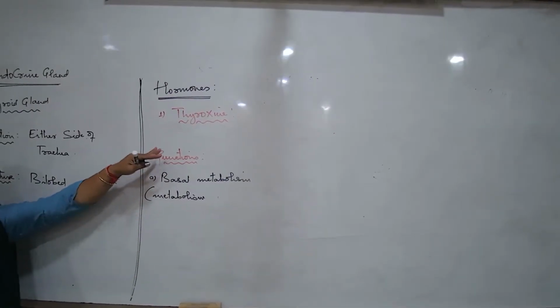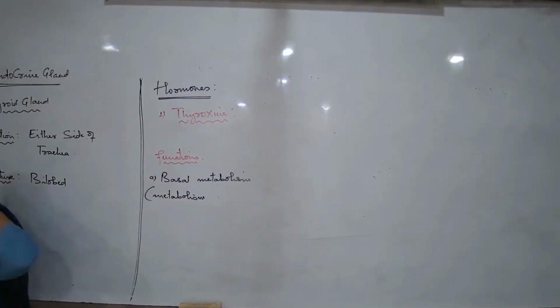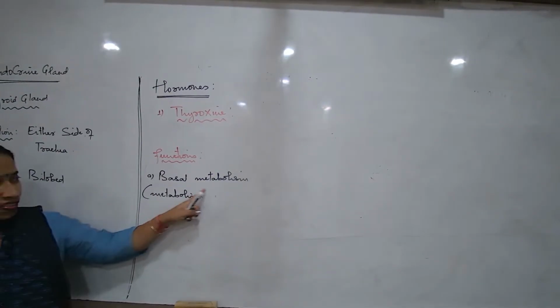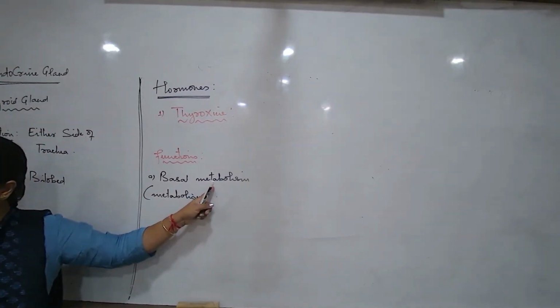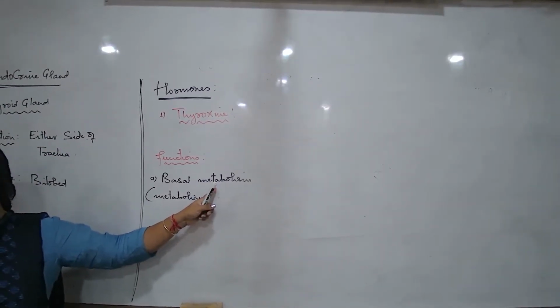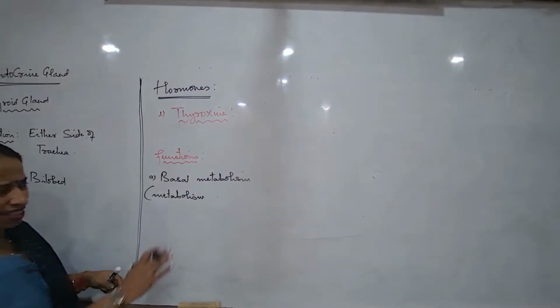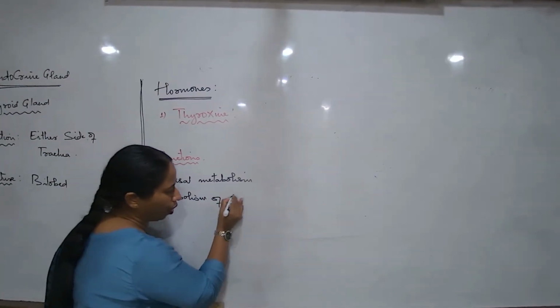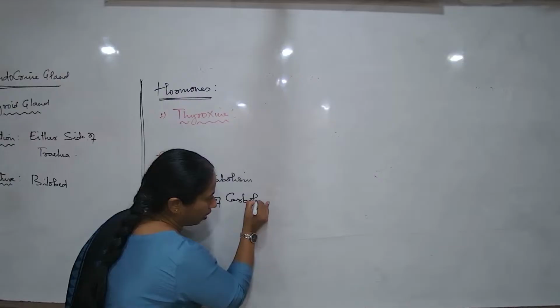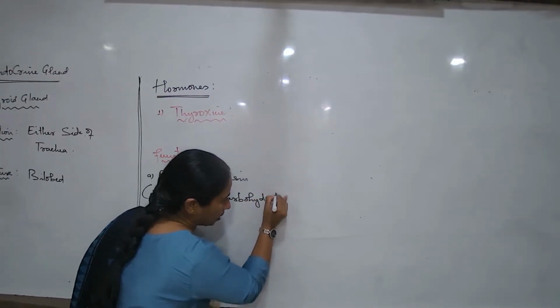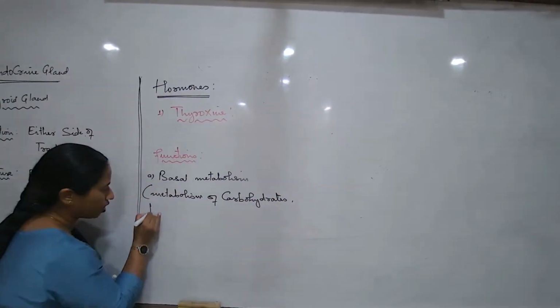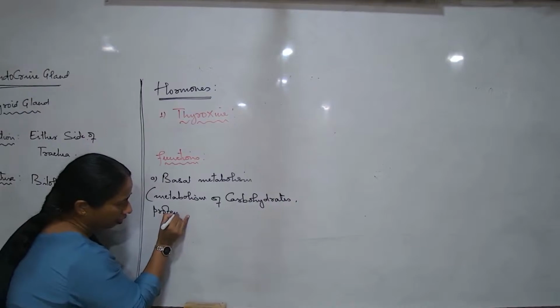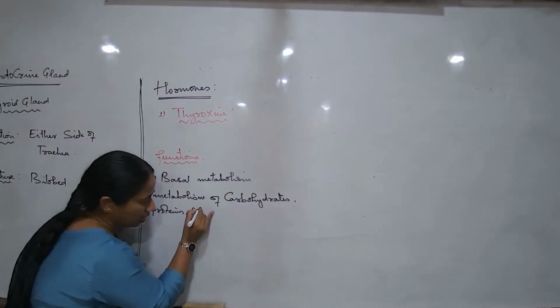This is just a category name of some reactions. Within this concept, we can talk about so many other reactions or functions happening. So let us just name some of them. Basal metabolism includes metabolism of carbohydrates, proteins and fats.